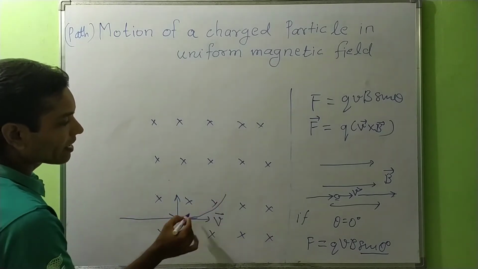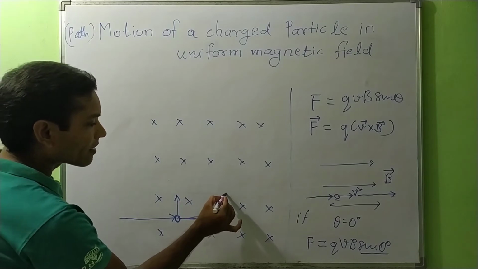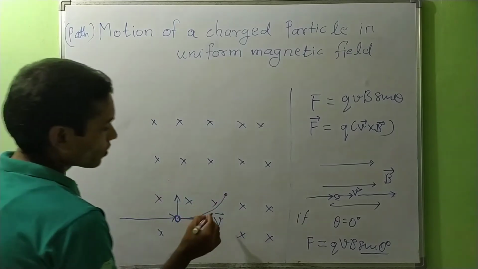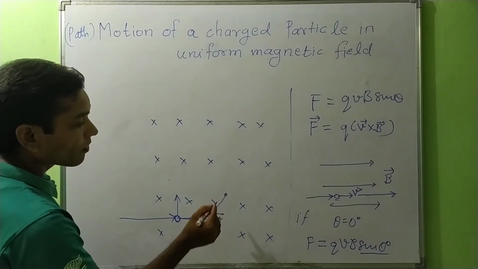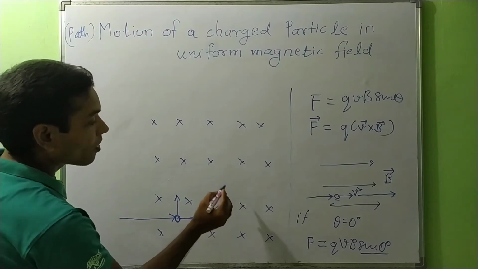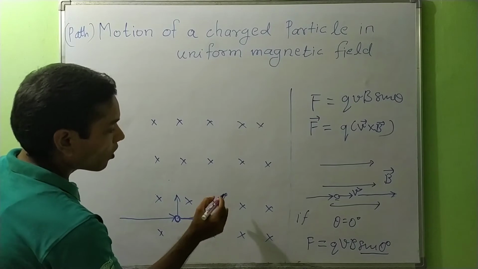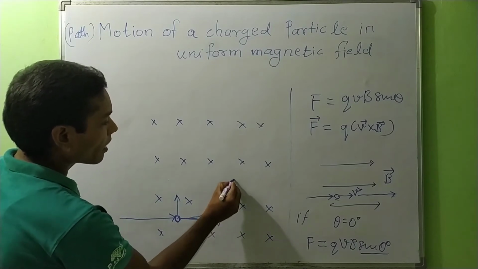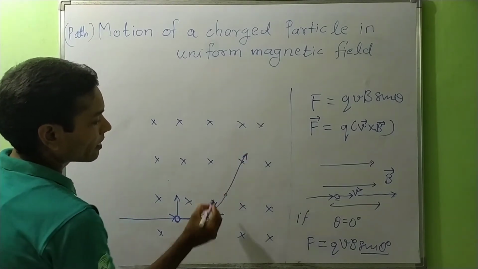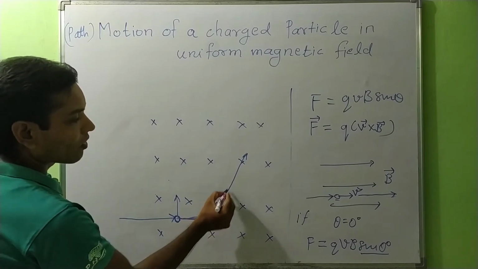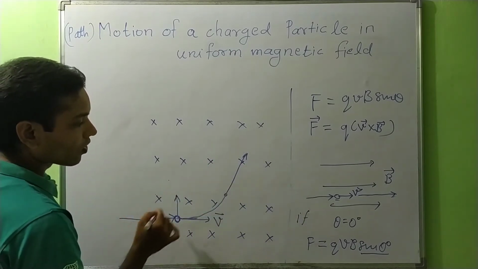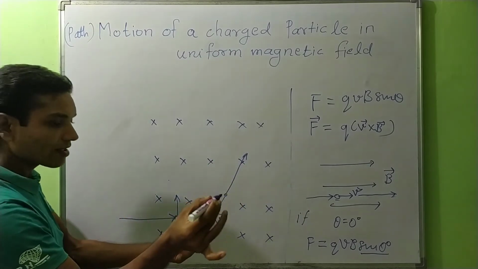Let this charged particle reach that point. What will be the direction of motion or the direction of velocity at that point? The direction of motion will be along this direction, along the tangent. And the direction of the magnetic field is inward.